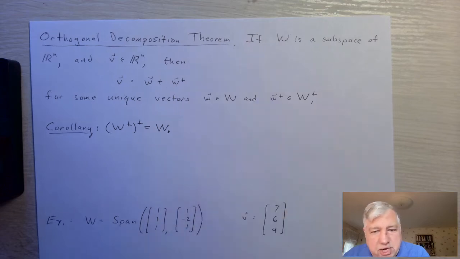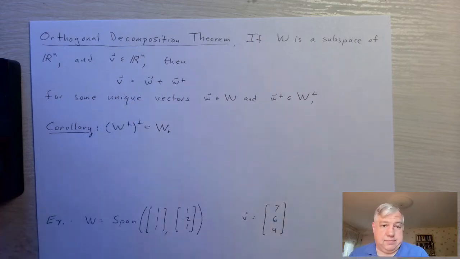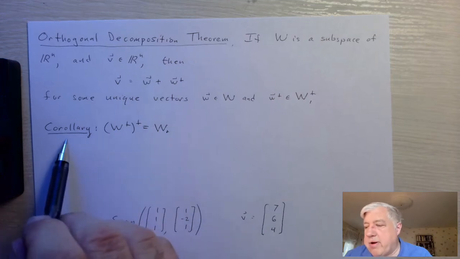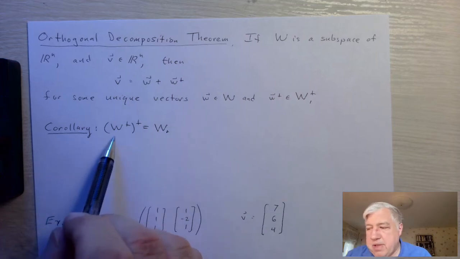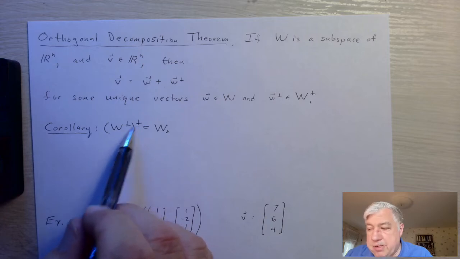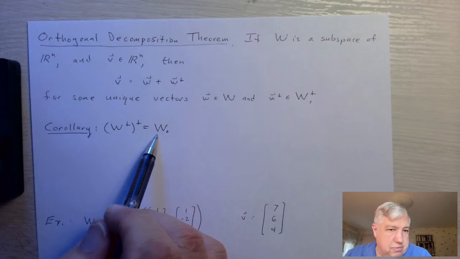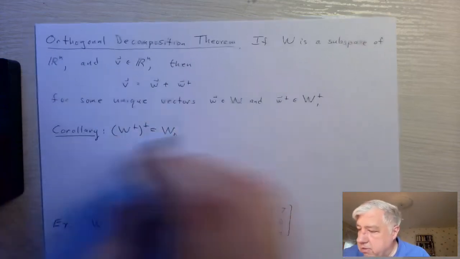I'm just using the notation from the book here. And again, these are unique. So we've proven this big theorem, but as a nice corollary, we can now prove that the orthogonal complement of the orthogonal complement of W is W.